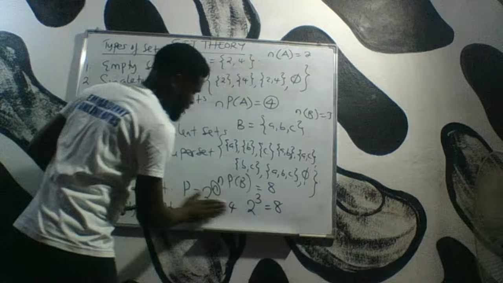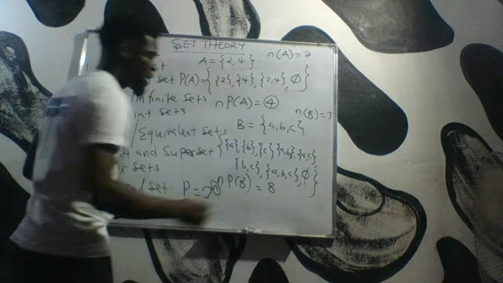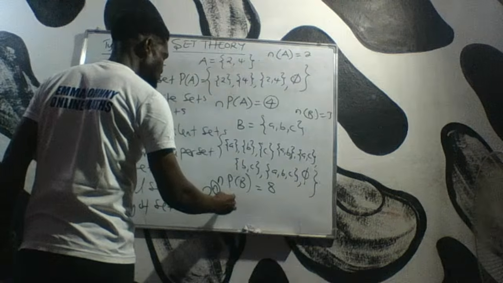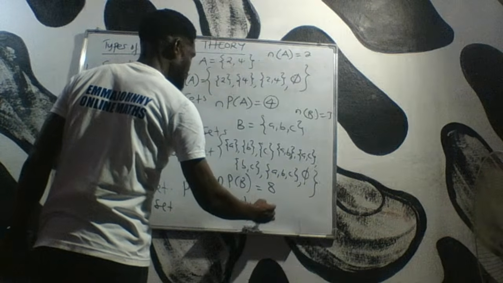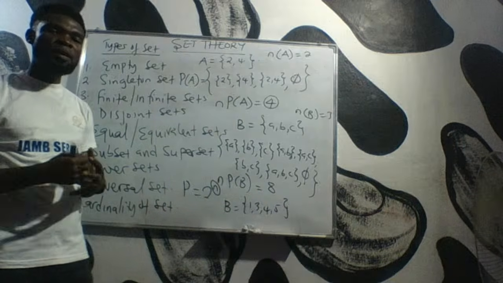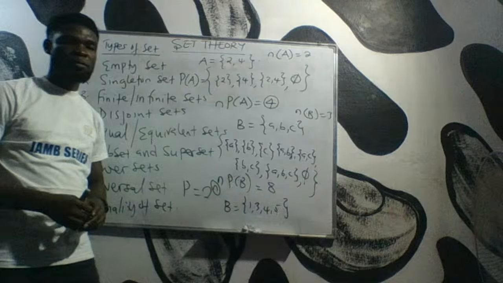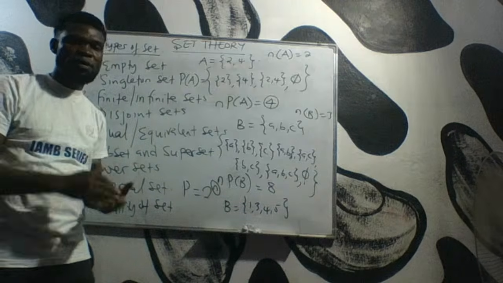So, what are we saying in essence? It's very simple. I can ask you a question, or it could be asked. Given a set, maybe B is equal to 1, 3, 4, 5. What is the cardinality of set B? 1, 2, 3, 4. Now the question is, what is the cardinality of the power set of set B?